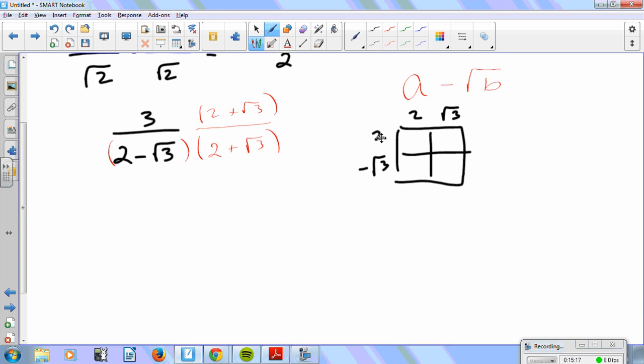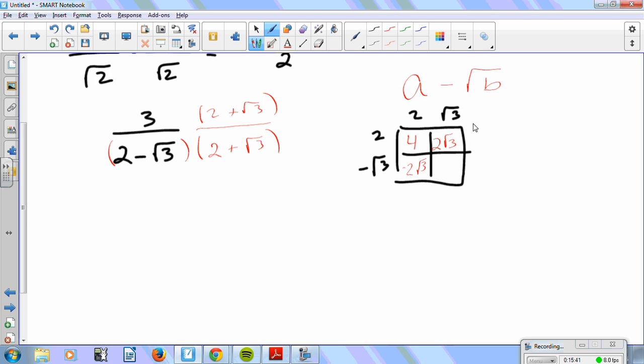We just multiply stuff in. 2 times 2, you get 4. Pretty simple, pretty basic. 2 times the square root of 3 is just 2 times the square root of 3. And the same idea, 2 times the negative square root of 3 is negative 2 square roots of 3.